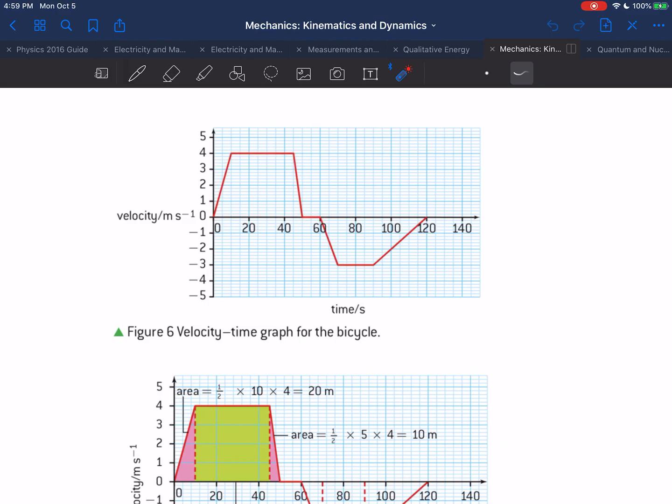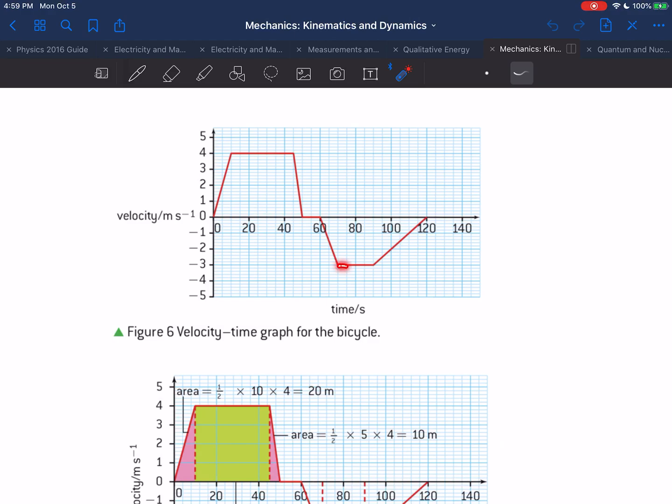And then finally, it turns around and begins to undergo a negative acceleration, speeding up. So this is acceleration in the negative direction. Notice that delta v is -3 meters per second per, let's say that looks like 10 seconds, so -0.3 meters per second squared it looks like during this region of time.